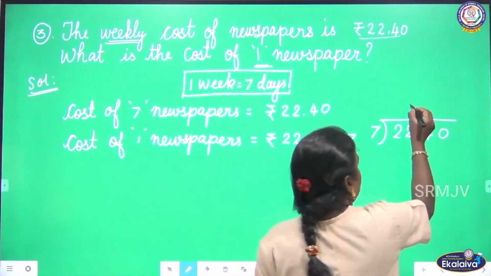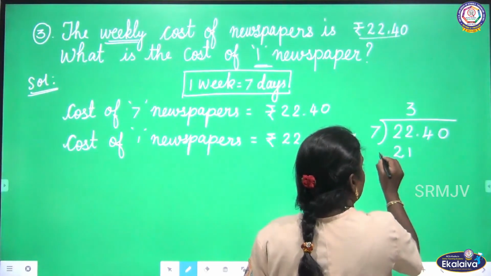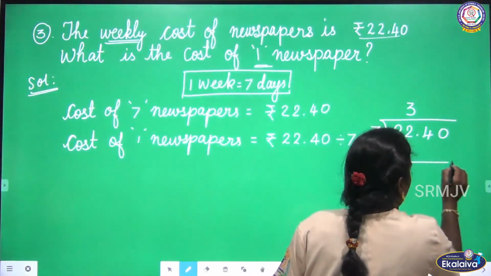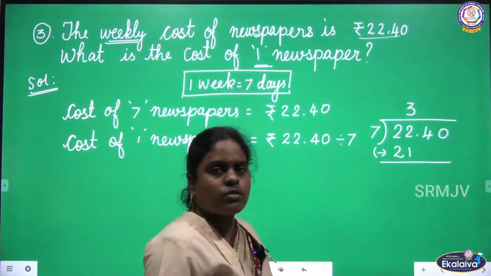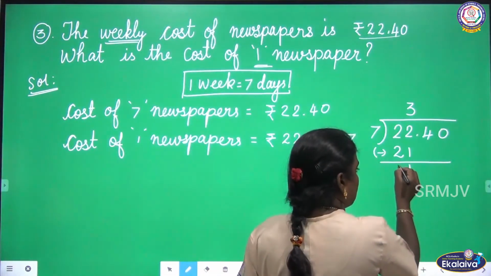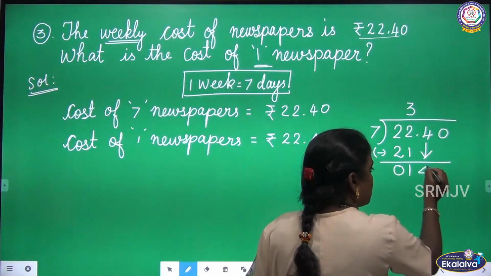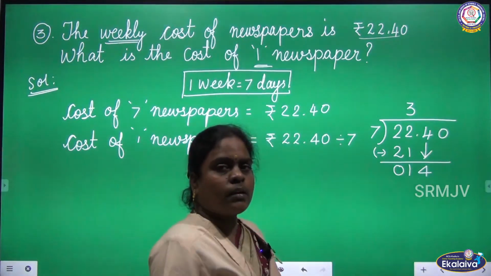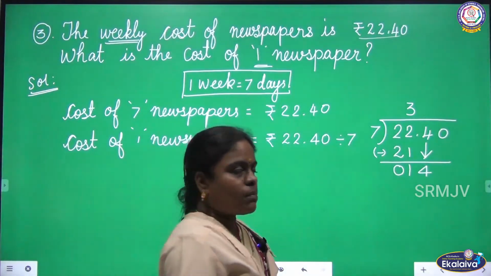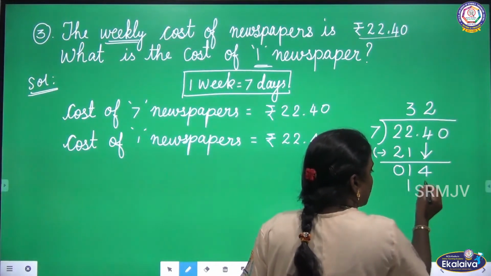I am going to write 3 in the quotient, 21 below the number. Now 22 minus 21 is 1, and now I am going to take down the next digit. Now I have 14. In the 7 times table we can get second time 14.